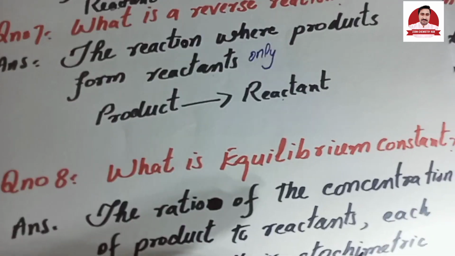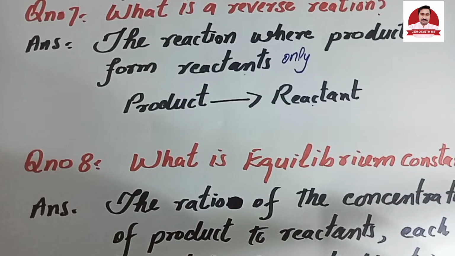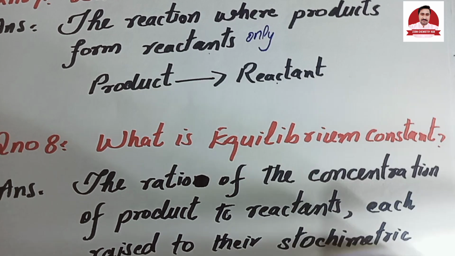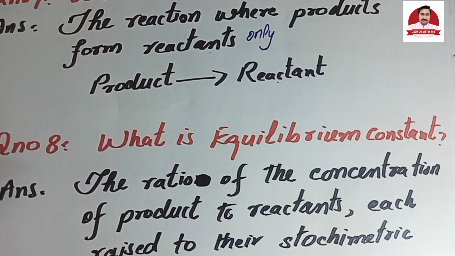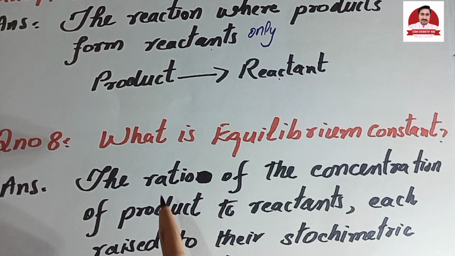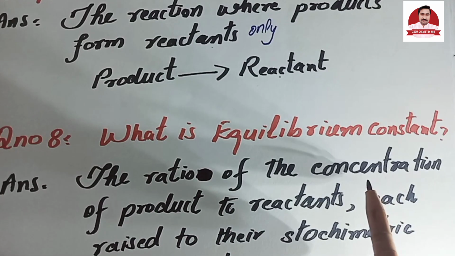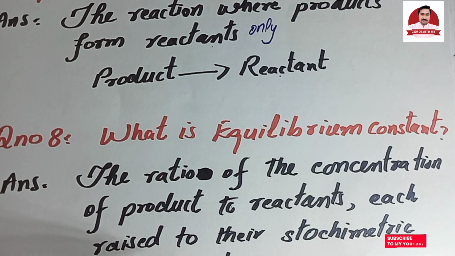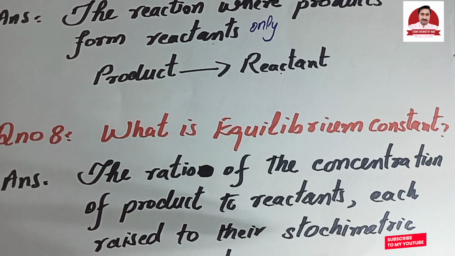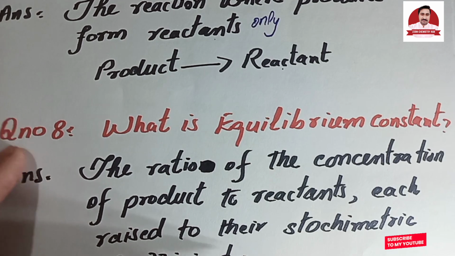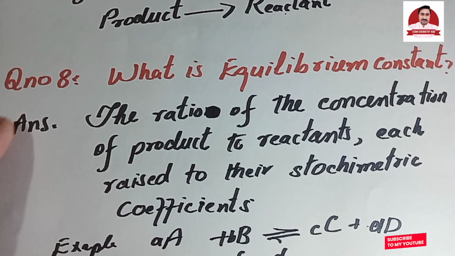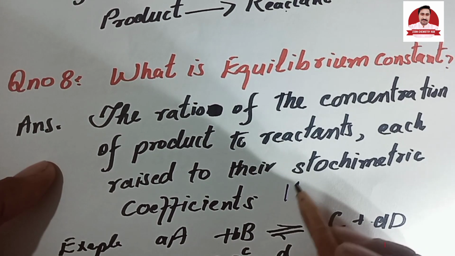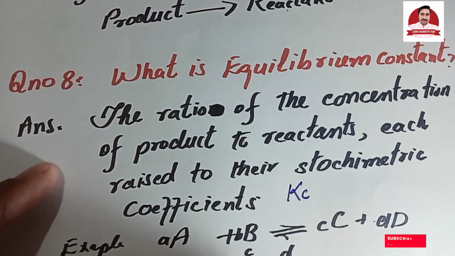Next question, question number 8. What is the equilibrium constant? Equilibrium constant is the ratio of the concentration of product to the reactant, each raised to their stoichiometric coefficients, and it is represented by Kc.